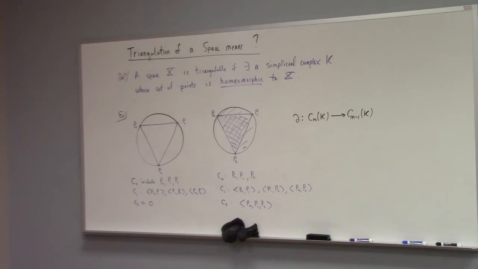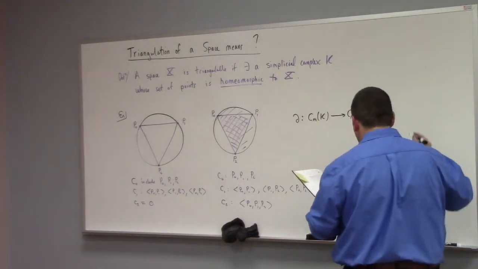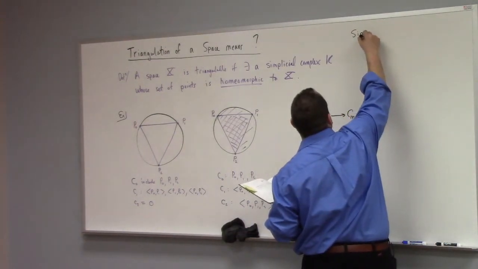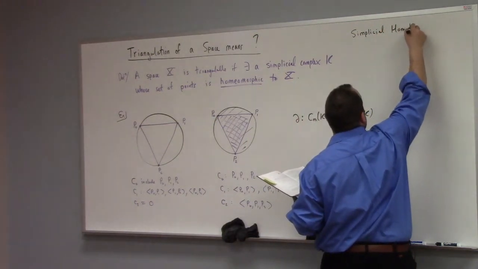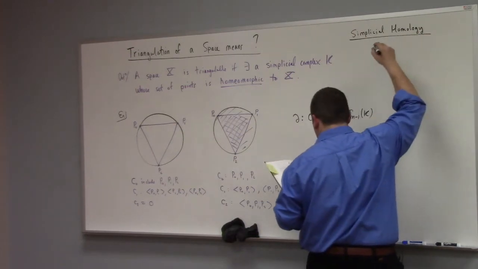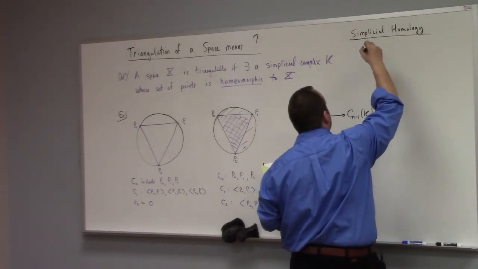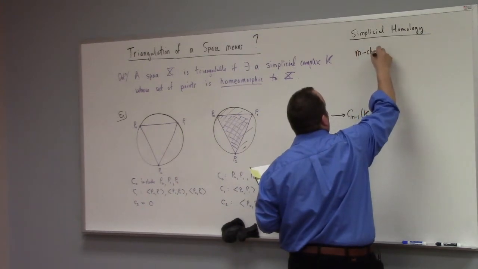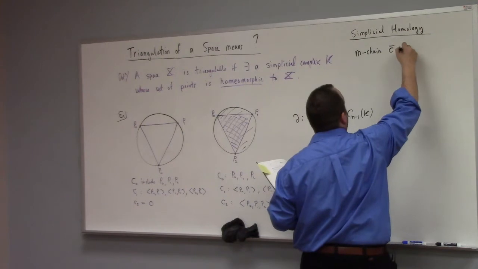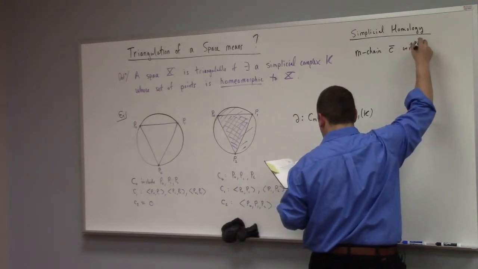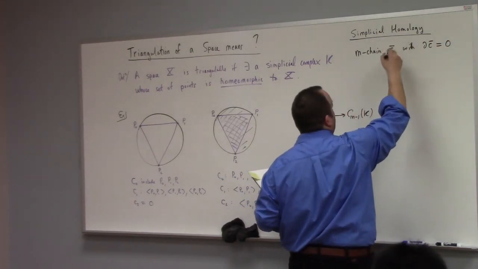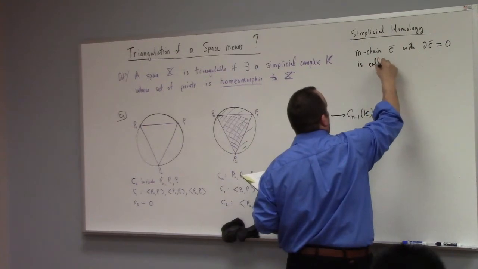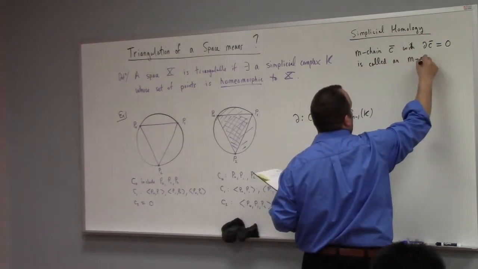So I need to define something. What I'm describing right now is simplicial homology, which is homology built from simplices. In particular, an M chain C bar with boundary of C bar equal to 0 is called an M cycle.